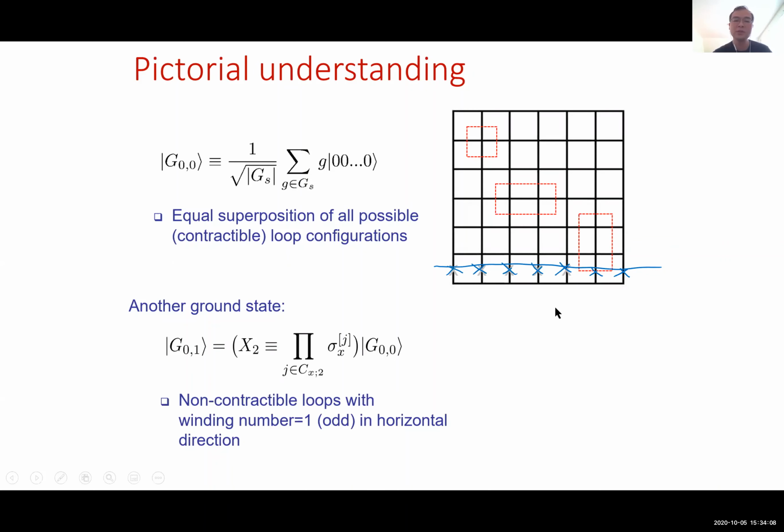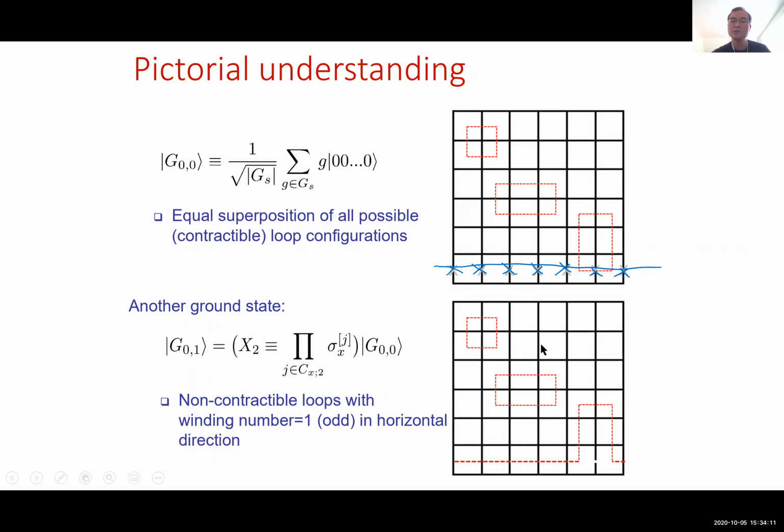For example, this would flip the loop to that. Initially there was only the contractible loop. But if you flip this to 1, 1, 1, 1, 1, and this becomes 0 and 1, it becomes a loop like that. Okay, and it becomes non-contractible.